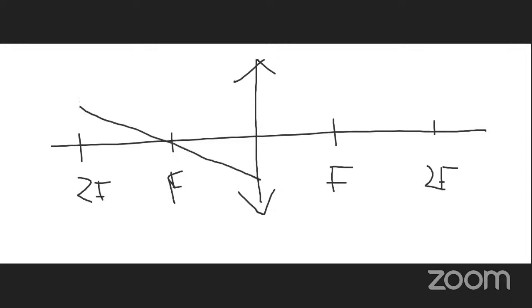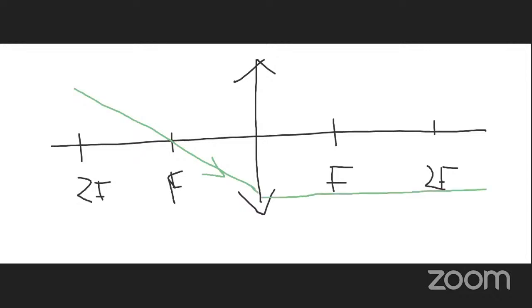Let me use green ink here to draw the ray. A ray that passes through like this. Are you seeing that? A ray that passes through the principal focus on refraction in a converging lens will be refracted parallel to the principal axis.